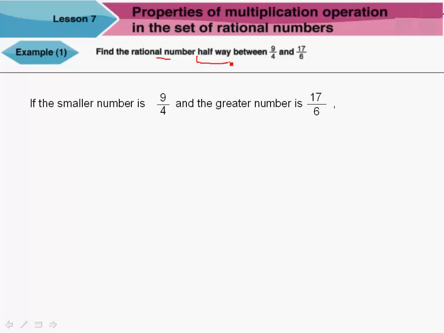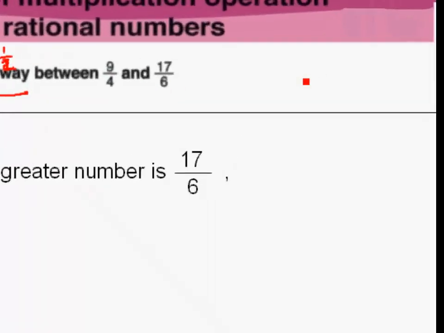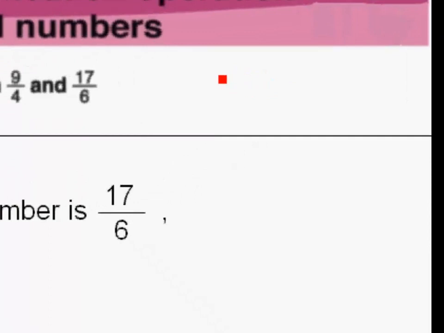Find the rational number halfway. Be careful. Halfway, half means 1/2. Halfway between 9/4 and 17/6. Okay, I will ask you a question. If I have 1 and here we have 3, what is the number halfway between these two?